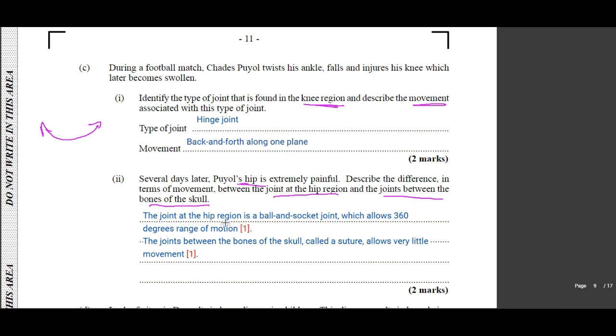So the joint at the hip region, of course, that's your ball and socket joint, which will allow 360 degrees range of motion. Right? So it's giving you full, back, forth, up, down, all angles. And the joints between the bones of the skull allow very little movement at all. At best, you have a little bit of shifting back and forth, but that's about it. So basically, these are like the extremes of the joints that you have in your body.